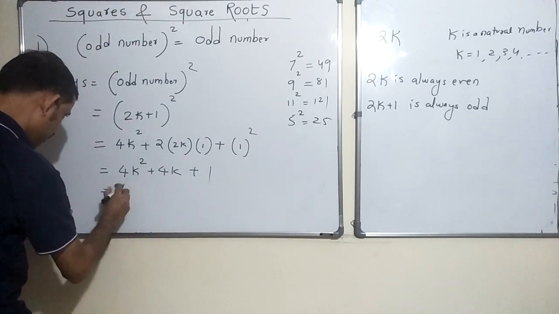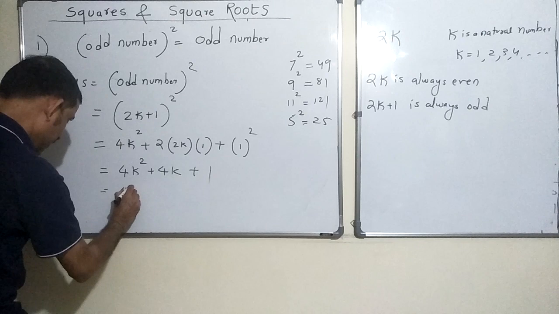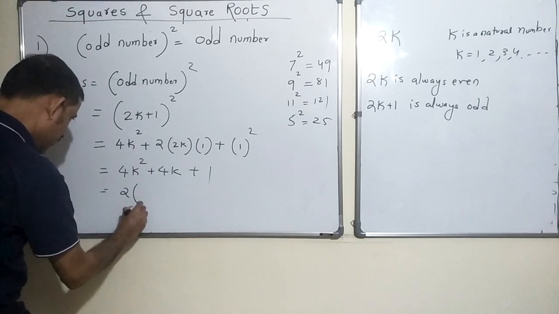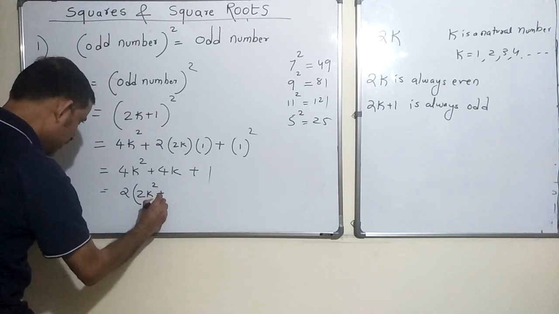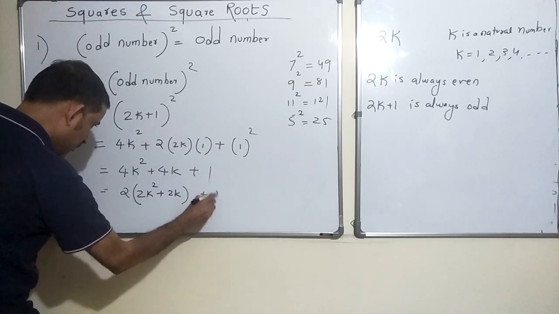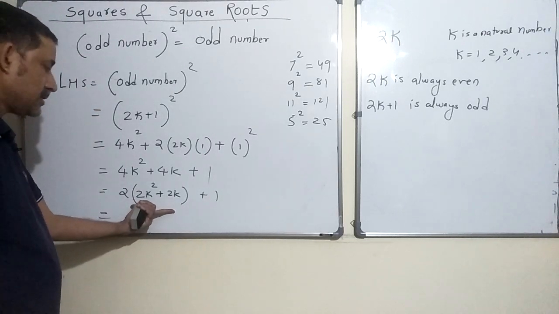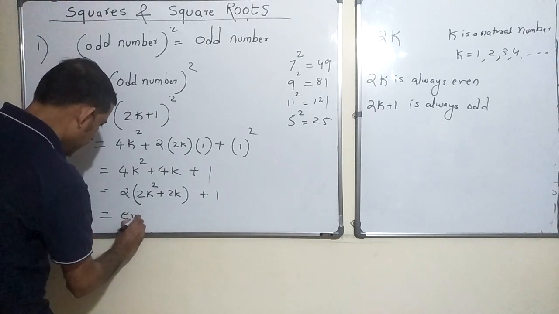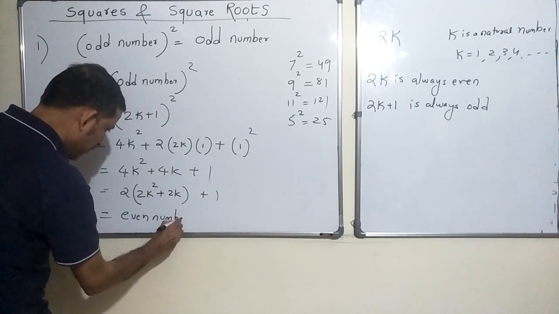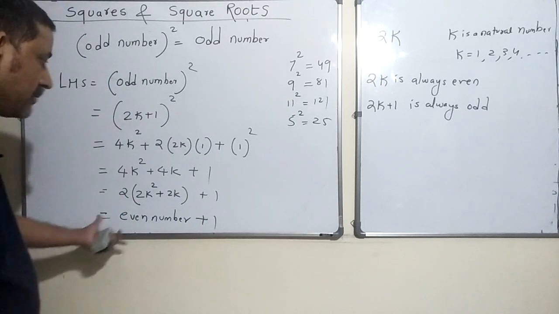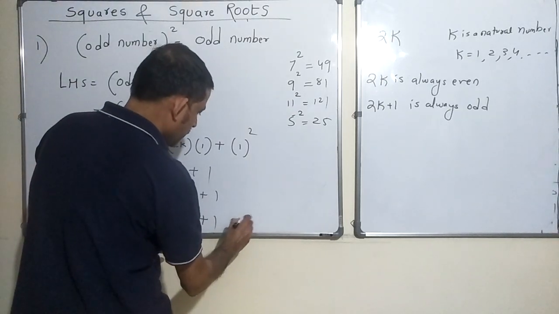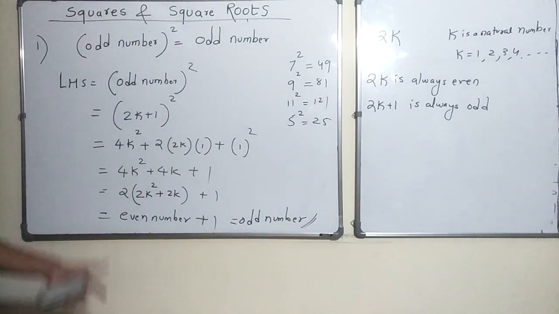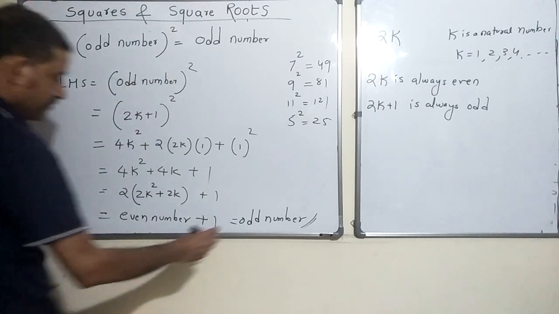Now can I do it this way: 2 into (2k square plus 2k) plus 1. Can I say this part is an even number? It has to be an even number because it is a multiple of 2. So some even number plus 1, and even number plus 1 is nothing but an odd number. So that also is correct, equal to RHS.